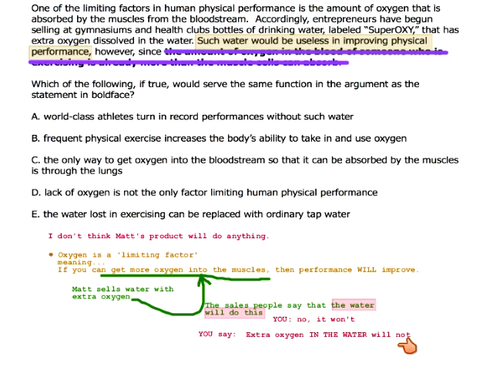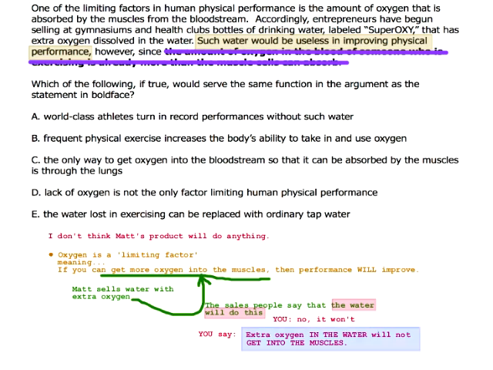More directly, it won't be absorbed by the muscle. Because if it gets into the muscles, there are no more bottlenecks. It will improve performance. So the crux of this whole thing is that the extra oxygen will not get into the muscles for whatever reason. So you need a reason why it's not going to do that.